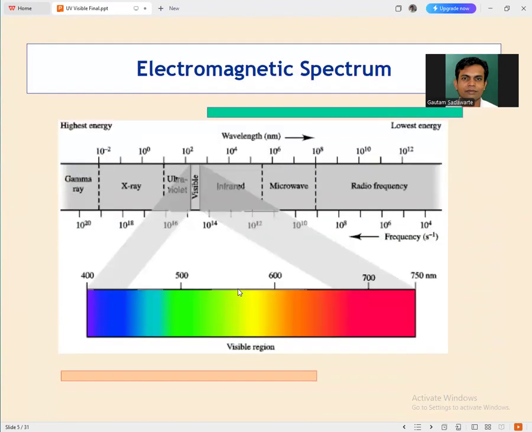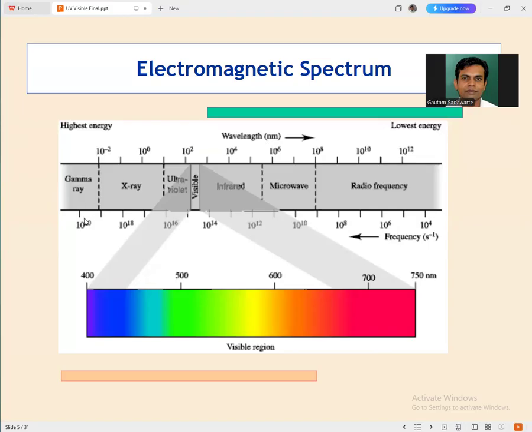I think all of you know very well what the electromagnetic spectrum is. The electromagnetic spectrum arranges the radiation according to increase in wavelength, from left to right.